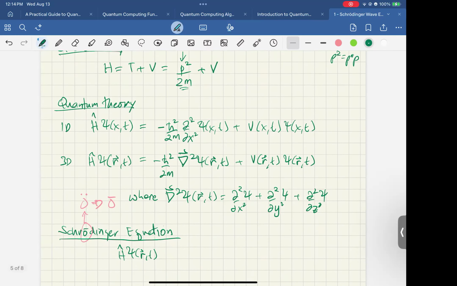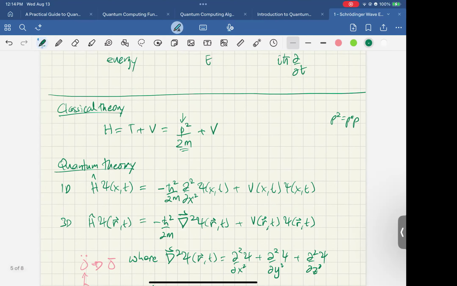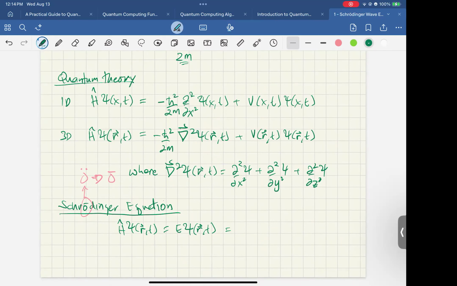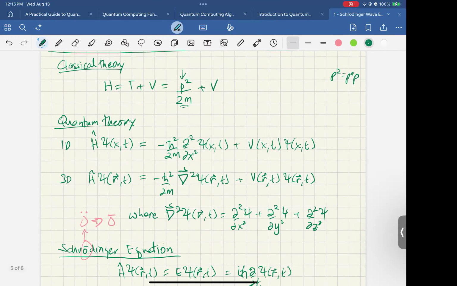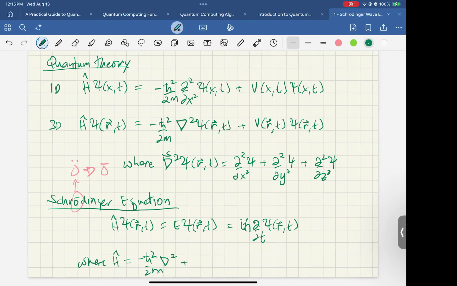Remember that the Hamiltonian operating on psi gives us the energy eigenvalue times psi of r t, and we replace that energy with this operator, i h bar, partial with respect to time, of psi of r t. Where the Hamiltonian here is given by negative h bar squared over 2m del squared plus v. So that is the Hamiltonian.